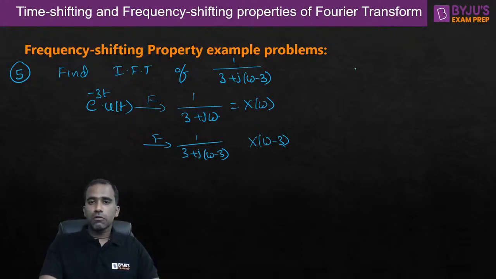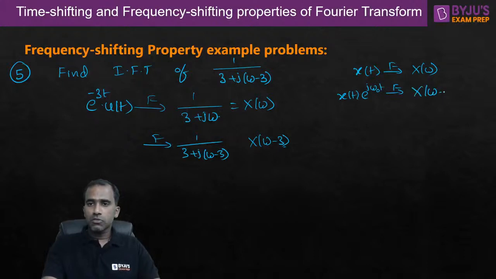If you don't remember, just write the frequency shifting property first. X of t has Fourier transform X of omega. Then if x of t is multiplied with e power j omega naught t, then X of omega minus omega naught is the Fourier transform of this. Same thing. So the inverse Fourier transform of X of omega minus omega naught is the same time domain signal copied, multiplied with e power j omega naught t, where t is the variable and omega naught is the shifting factor.